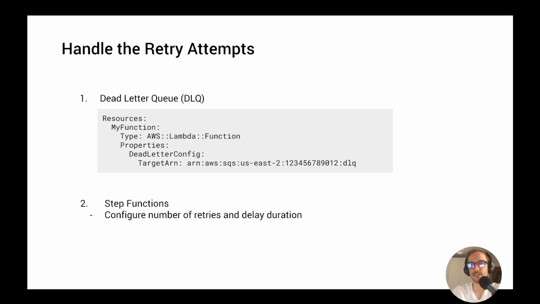From there you can decide to add maybe another Lambda function that is gonna read and process the failed events from the queue, or you can send the errors through a notification system. For example, you can send the errors to a Slack channel. So it's easy to configure the dead letter queue both in the CloudFormation stack or in the AWS Console.